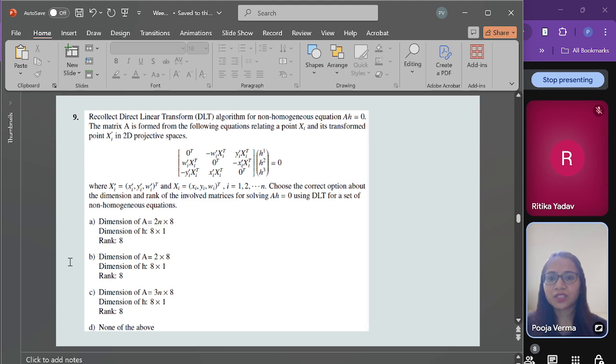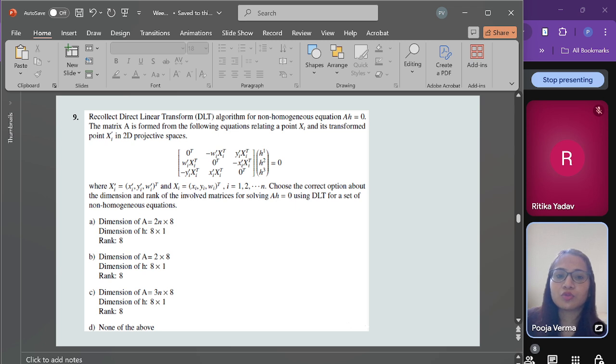Now the next question is: recollect the direct linear transform algorithm for the non-homogeneous equation AH is equal to 0. The matrix A is formed from the following equations relating a point xi and its transformed point xi prime in the 2D projective space, where xi prime is equal to (xi prime, yi prime, wi prime) transpose, and xi is equal to (xi, yi, wi) transpose, where i varies from 1 to n.